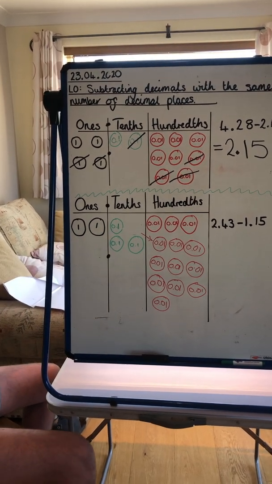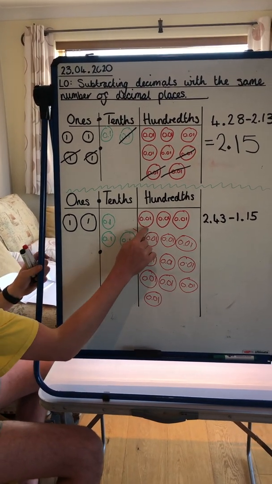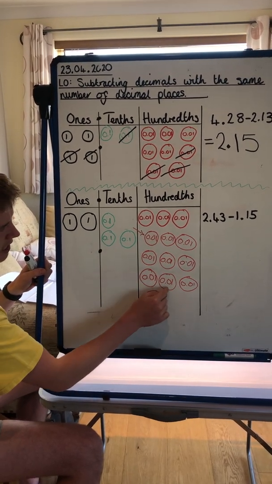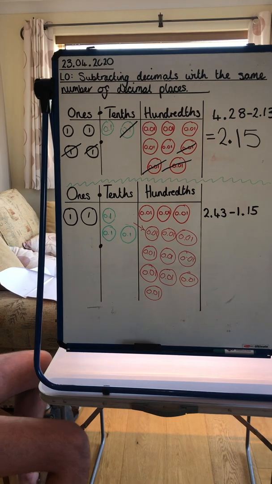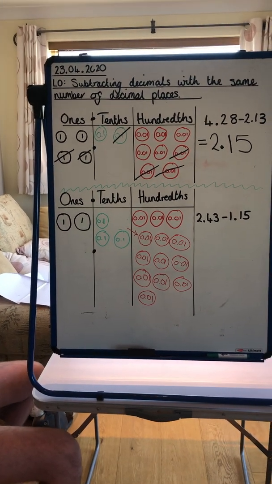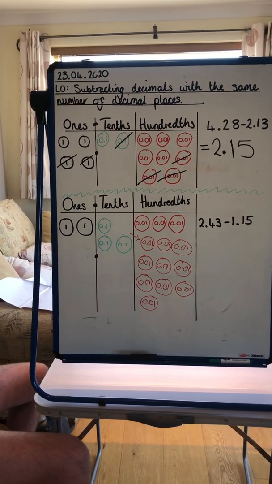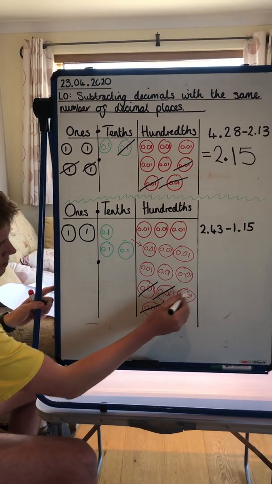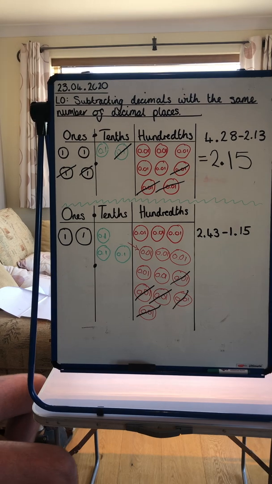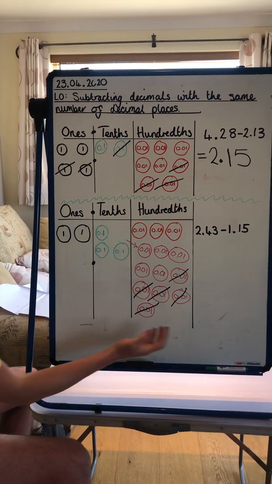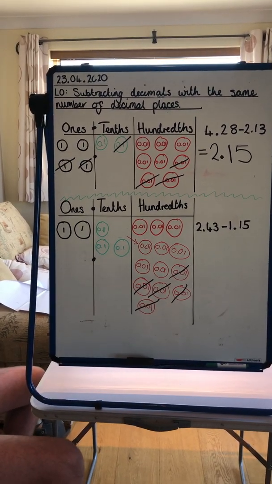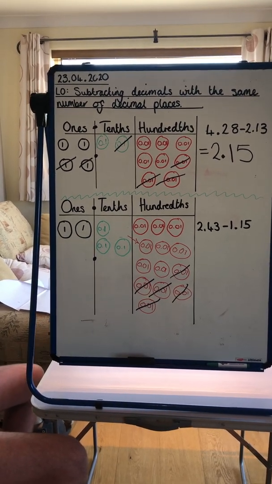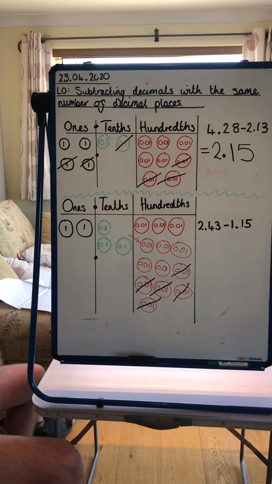Okay, so overall in my hundredths column, I have 1, 2, 3, 4, 5, 6, 7, 8, 9, 10, 11, 12, 13 hundredths. Now I'm going to take away 5 hundredths from 13 hundredths, okay? So 1, 2, 3, 4, 5. Okay, so in this hundredths column, I now have 8 hundredths. We now have 3 tenths because we have exchanged.